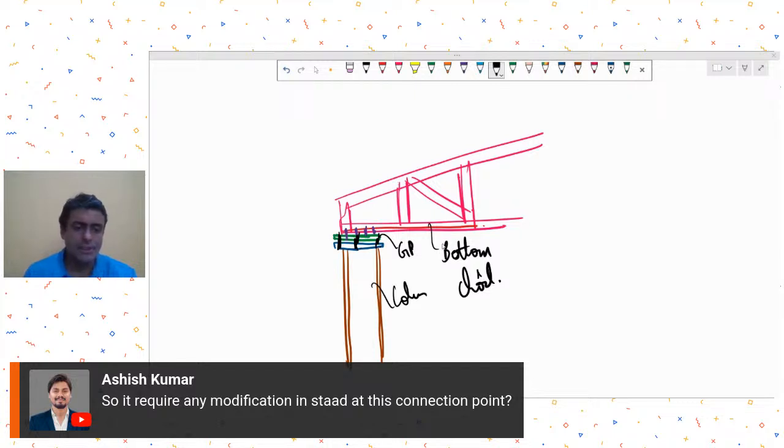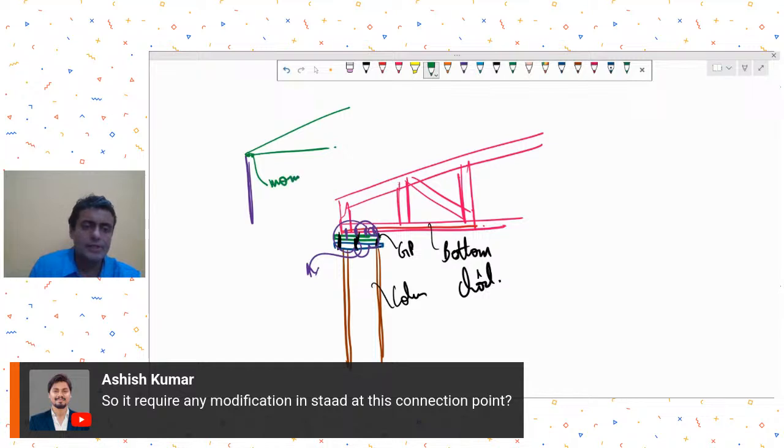Mr. Ashish Kumar is asking, so for the truss example, does it require any modification in the STAAD model? Yeah, so see, usually what people like to do is that, let's say, this is a sort of pinned connection that you're aiming to achieve. Then between this column and the truss, instead you have made it in terms of a line model, so at this location, maybe they will try to have a moment release instead.